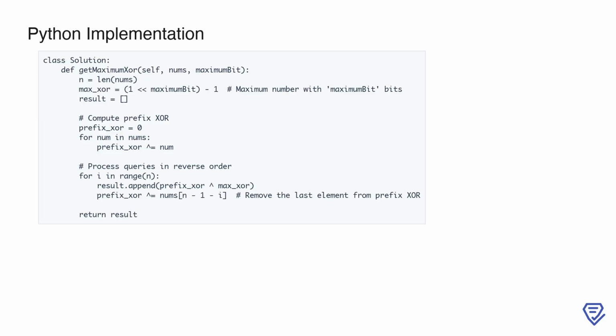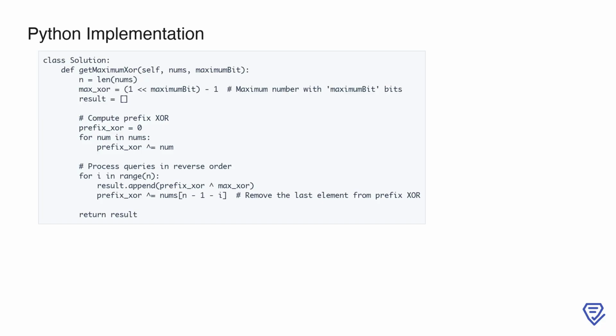Instead of explicitly reversing the queries, we process the array from the last element backward. For each query, the XOR of the prefix with max_XOR is calculated and appended to the result list. After calculating the XOR for a query, the last element of the current prefix is removed by XORing prefix_XOR with nums[i]. This effectively reduces the prefix size by 1 in preparation for the next query.